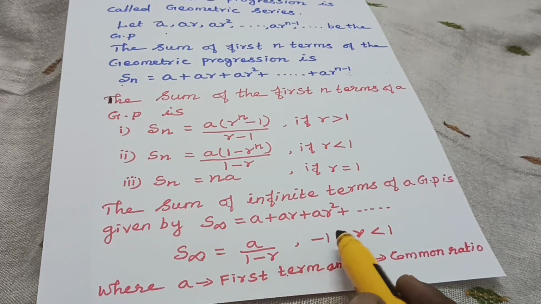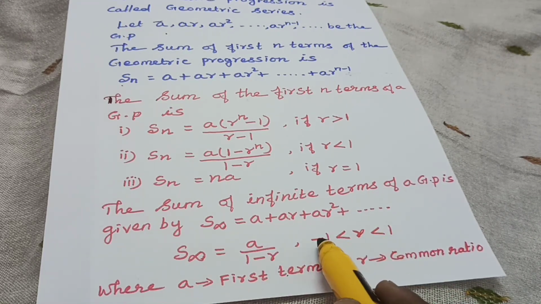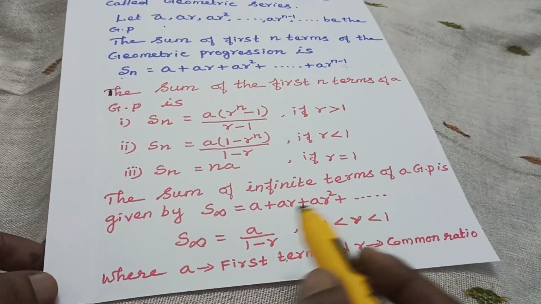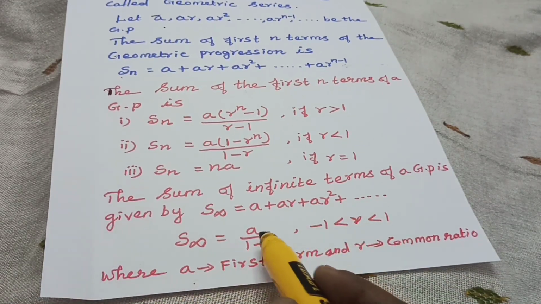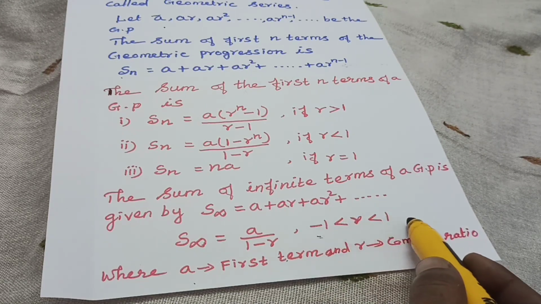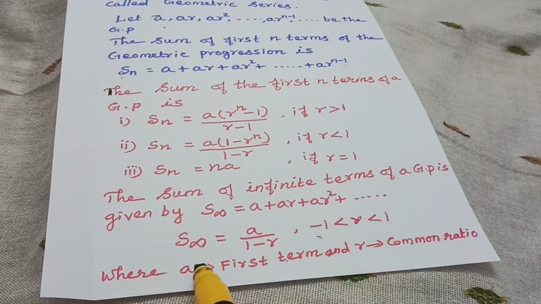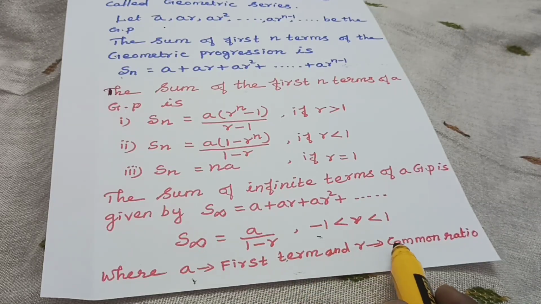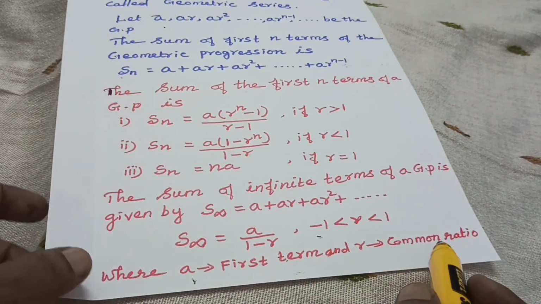Then this r lies between minus 1 and 1, that is, minus 1 is less than r is less than 1. Where a is called the first term, r is called the common ratio.